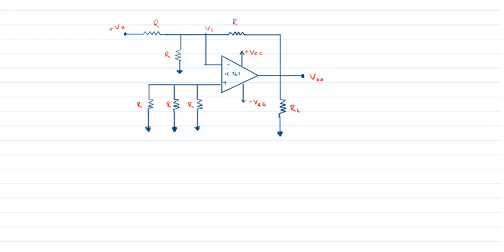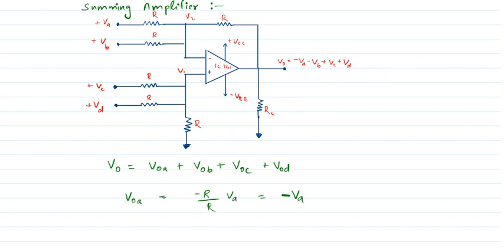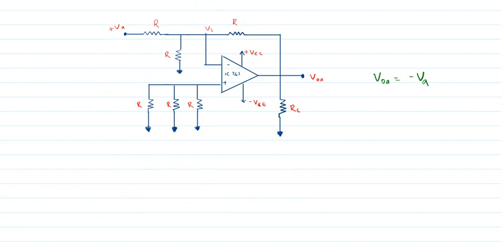We can write VOA will be equal to minus VA. That is derived here. Okay, similarly in the other case, if VB is given and all the others are grounded, we can say VOB will be equal to minus VB.